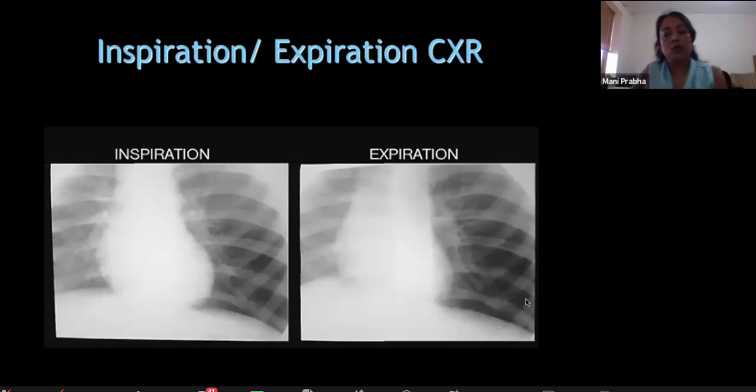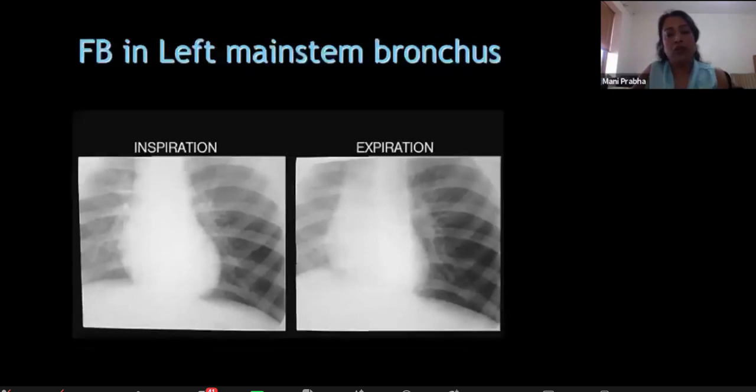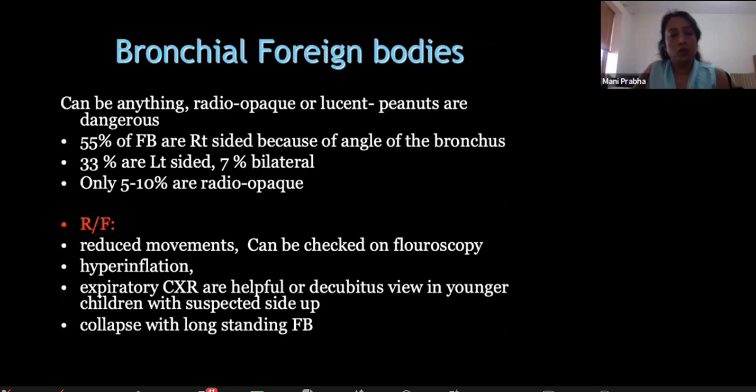And if the child is not able to cooperate for expiratory view because of the age, then we can do a fluoroscopic examination also. So bronchial foreign body should be considered as a differential when you see abnormal lucency in a slightly grown up or 2-3 year old child. Bronchial foreign bodies can be anything.